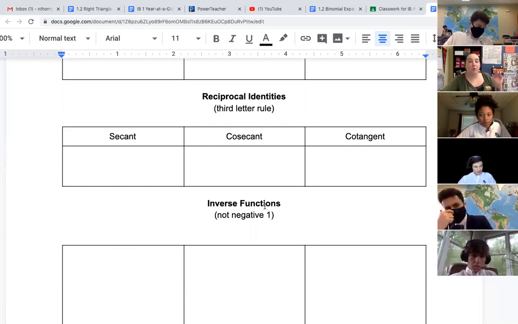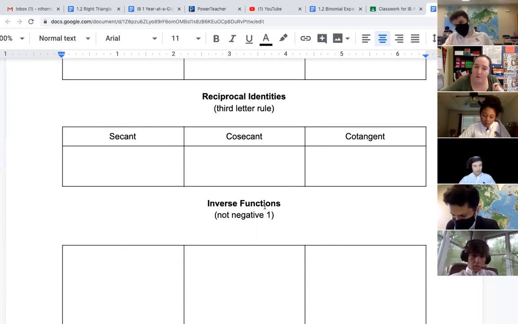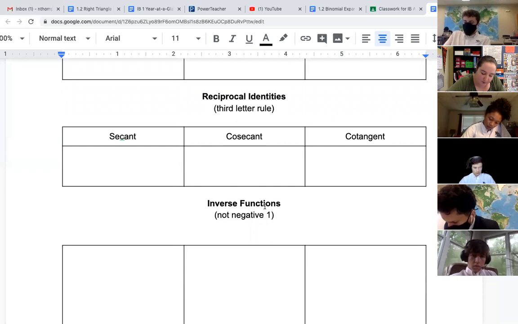So these are the reciprocals of the ones that you saw above. Now, what the third letter rule tells you is you look at the third letter. In the first one it is C, which means that this one is the reciprocal of cosine.